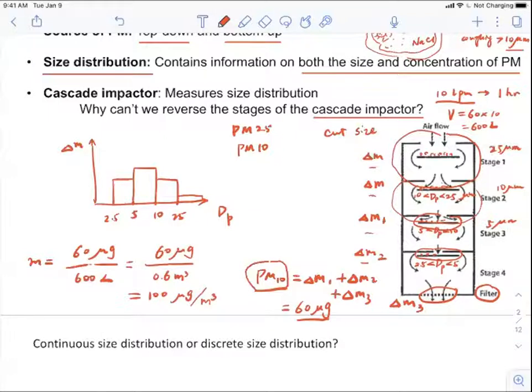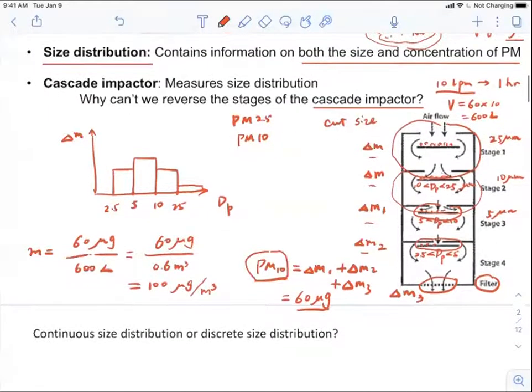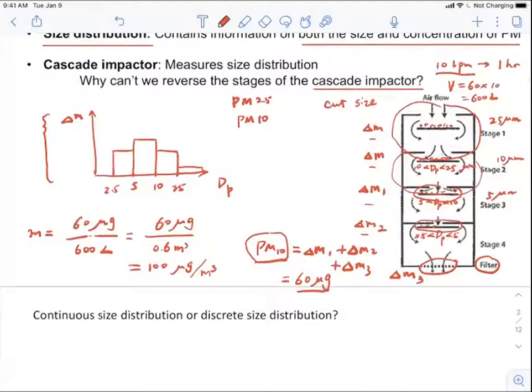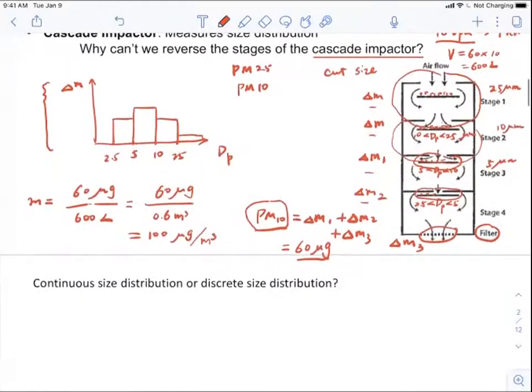Then we can continue to discuss the size distributions. You can see that with the impactor, we're able to get a distribution of particle sizes, right? But there are some limitations.